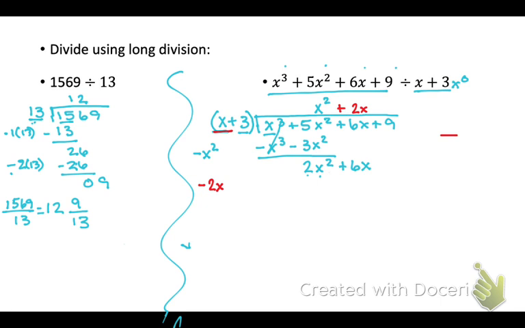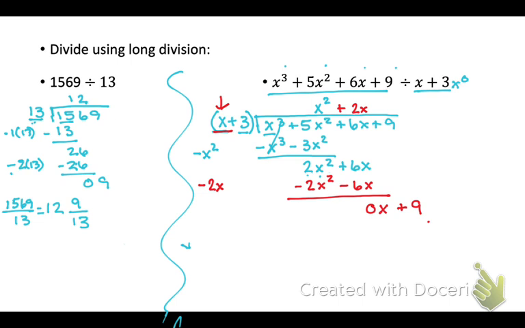I distribute it through and get negative 2x squared, negative 6x. So I get 0 and 0. So I have 0x. And the only thing I have left to do is bring down a 9. Now, can I multiply x by anything and get 9? No. So 9 is my remainder.